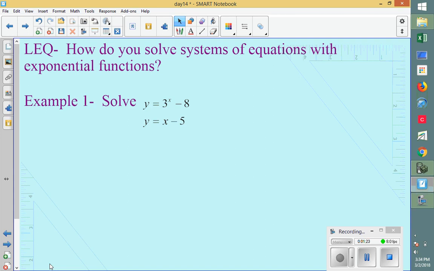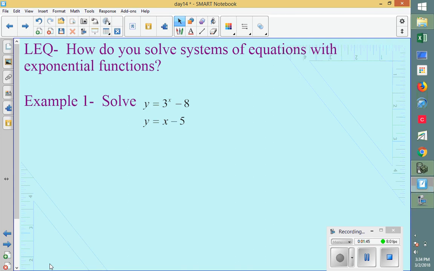So if you recall, when we solved systems of linear equations, we had several different techniques. We had graphing, we had substitution, elimination, we had matrices, we had Cramer's rule, we had several different ways. Well, with systems of equations where one of the equations is exponential, all of the algebraic approaches are out.